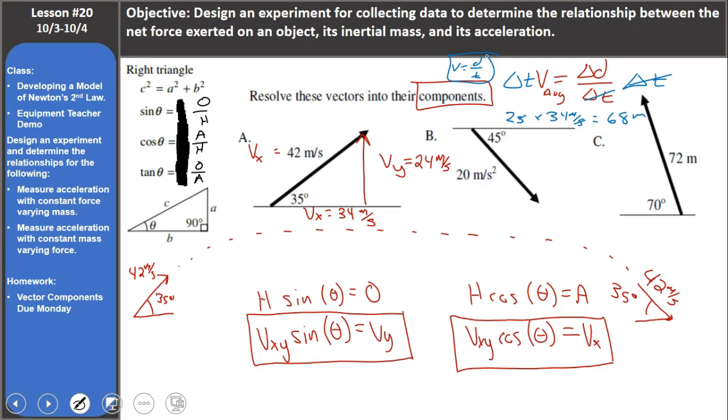Why do we need to know the x's and the y's? We can just use, like, the hypotenuse, or the height. Why do we need to translate it to vxy or vy or vx? Well, we start out at vxy.